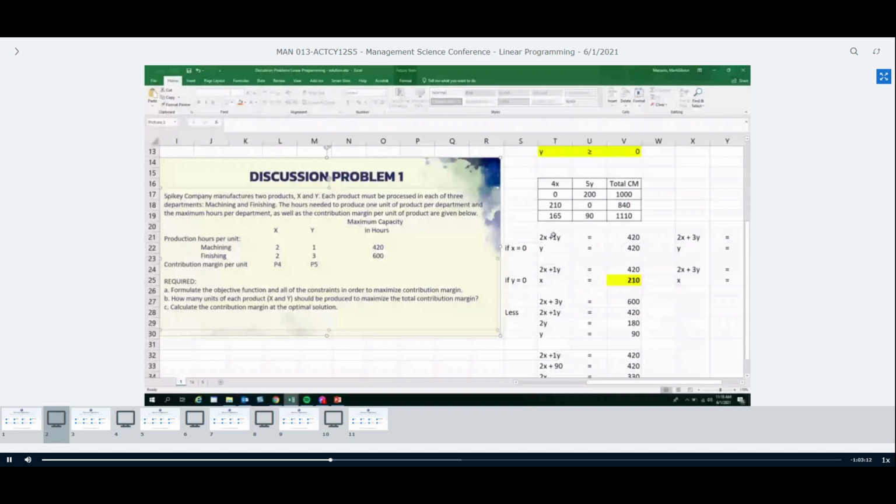So in this case, if x is 0, meron na tayong way to calculate our y. Tama ba yan? Tama. Di ba? So if x is 0, 2 times 0 is 0 plus 1y, so therefore y is equals to 420. Nakasunod ba?